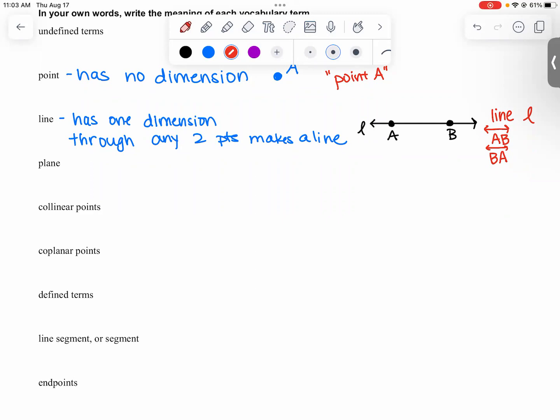What's part of our definition going to be for a plane? It has how many dimensions? 2. Who can give me an example in this room of a plane?